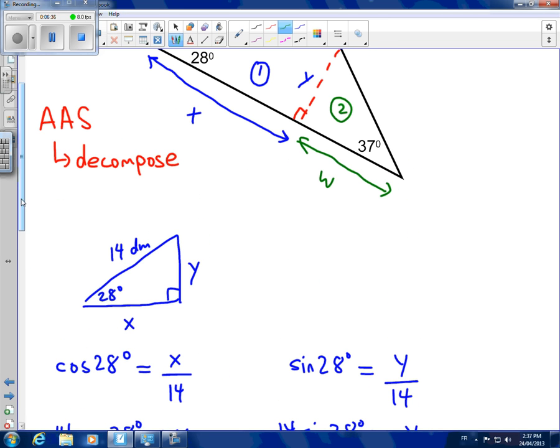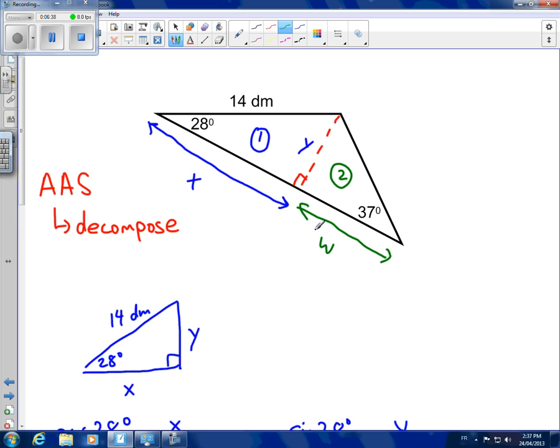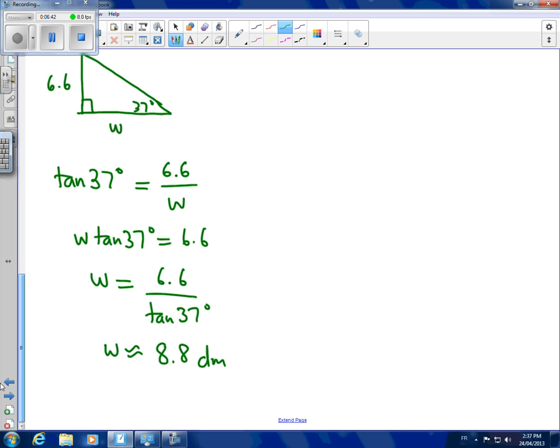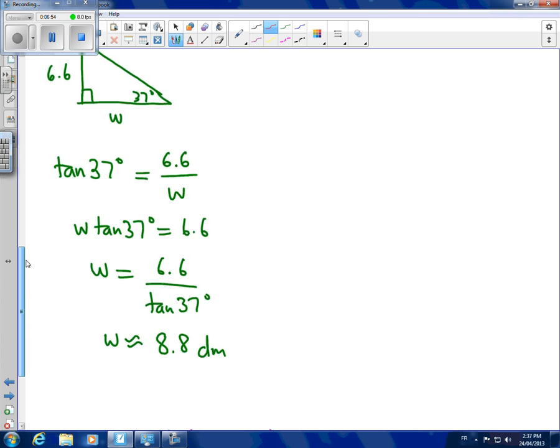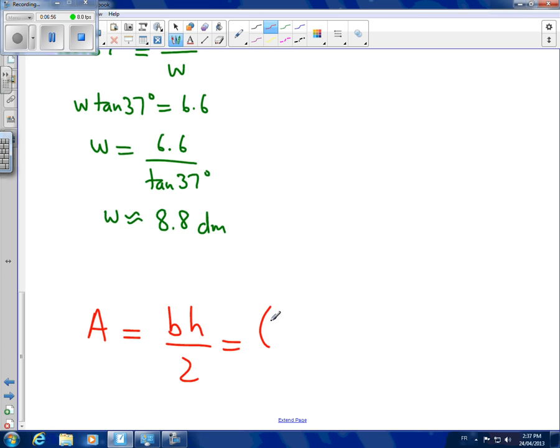What I have now is the base of the triangle and the height of the triangle, and I will use good old base times height divided by 2. Good old faithful. My base in this case is x plus W. I had x as 12.4, and W, 8.8. And my height was 6.6.